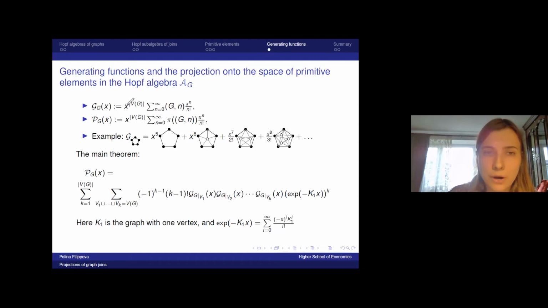Note that the power of x in each summand equals the number of vertices in the corresponding graph Gn. V of G plus n is the number of vertices of graph Gn.